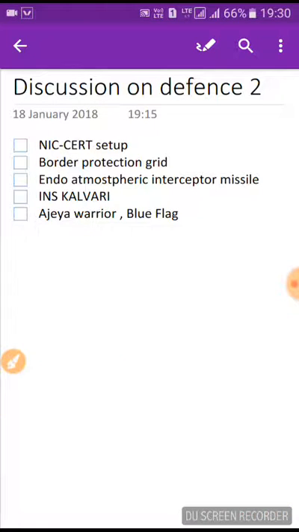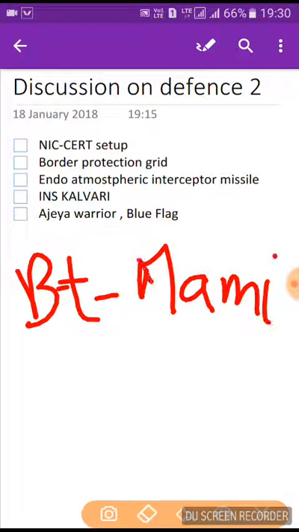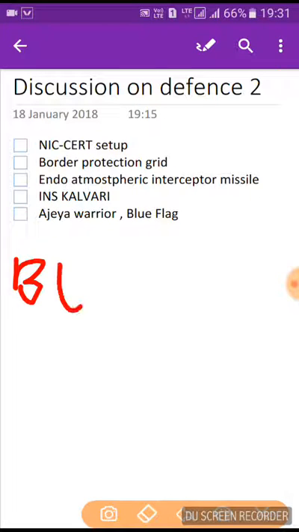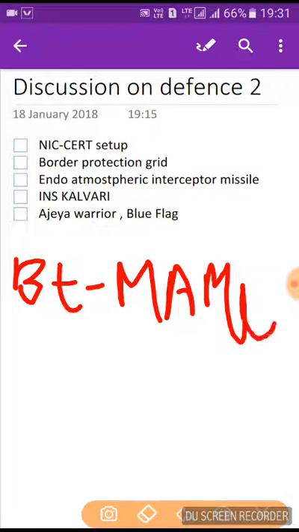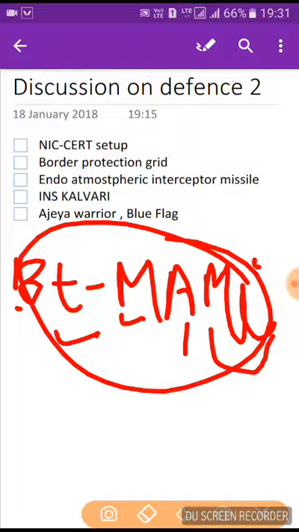Okay, like BT Mami. B for Bengal, T for Tripura, M for Meghalaya, A for Assam, M for Mizoram. Okay, this is the increasing order.